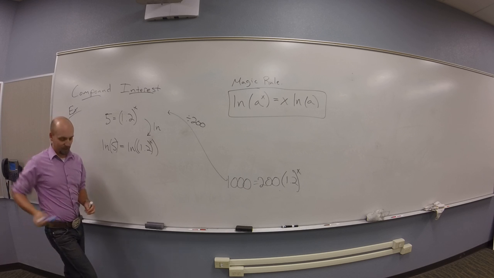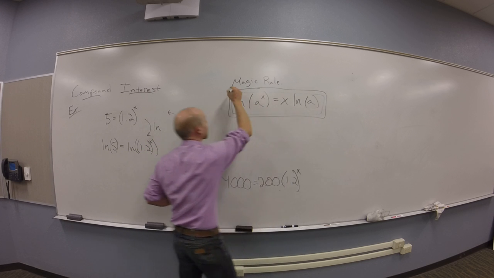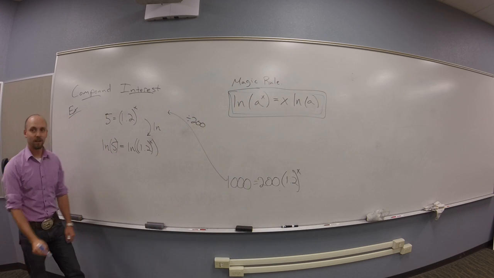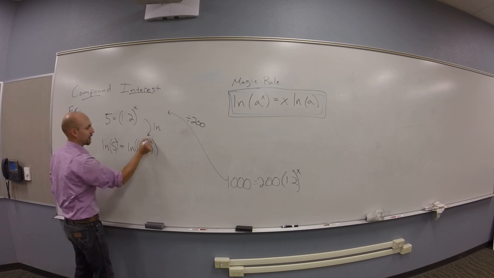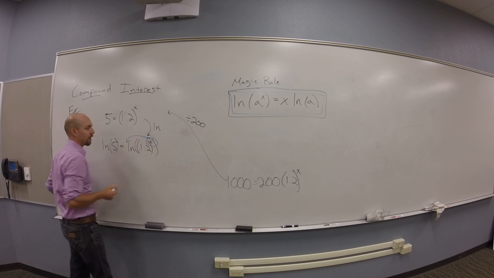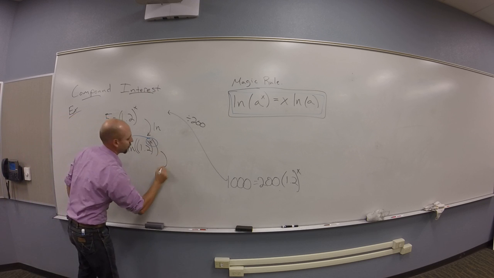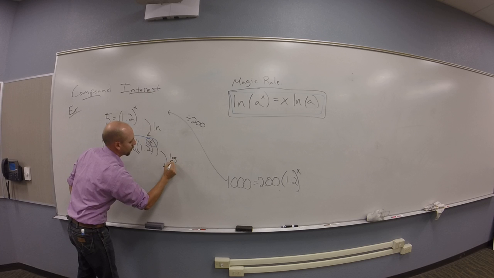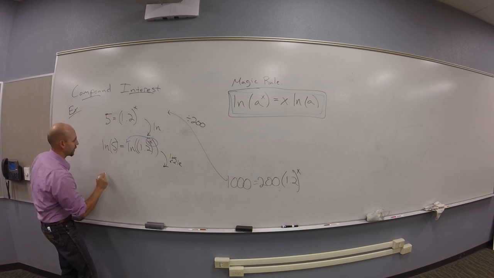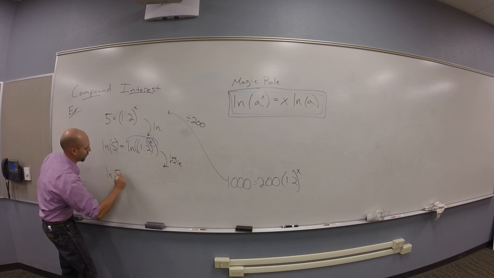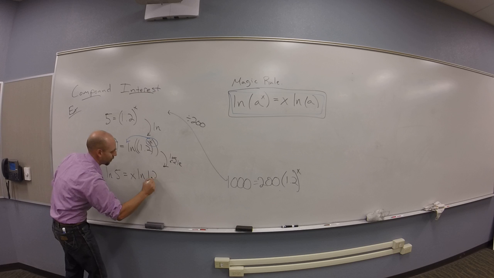And then this magic log rule, in blue, is going to let me move the x in front of the log, take this x and pull it down. So this step is the log rule I'm applying, and I get log of 5 equals x times log of 1.2.